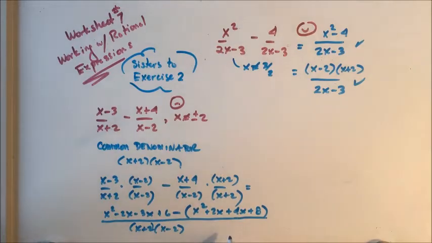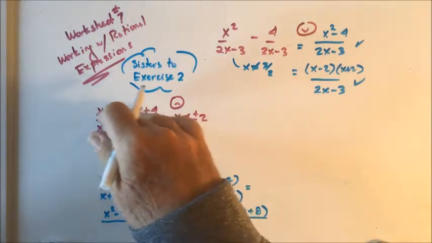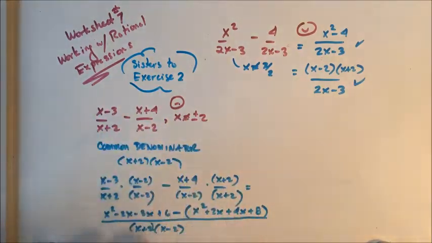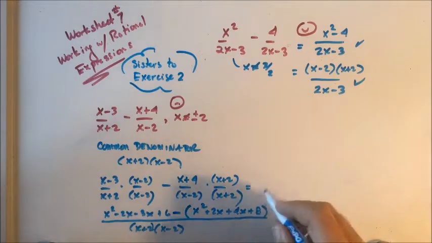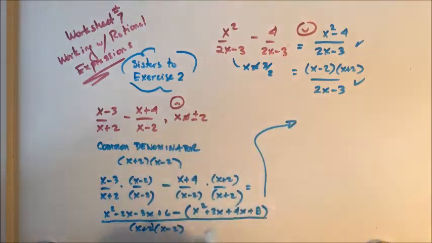So I've now combined these two problems over a common denominator. I've fanned everything out. I am ready to simplify. I'm going to leave it like this and just do it, so follow me.